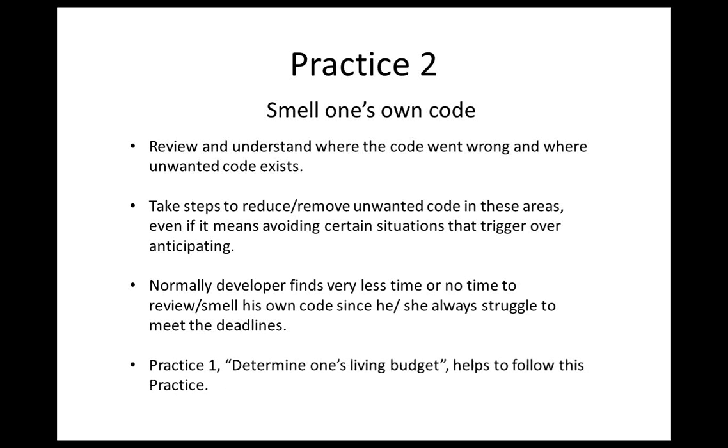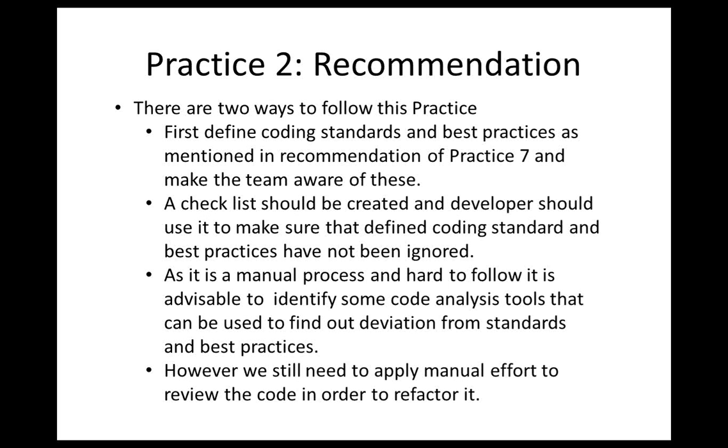So believe me, when you start practice 1, determining your own living budget, it will help you follow practice 2. So practice 2 is dependent on practice 1. How good you are at determining your living budget decides how well you can smell and fix your code.